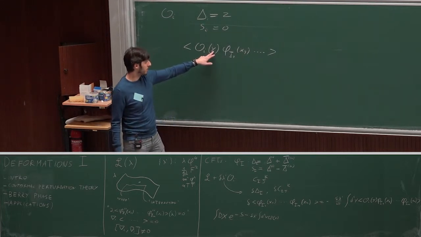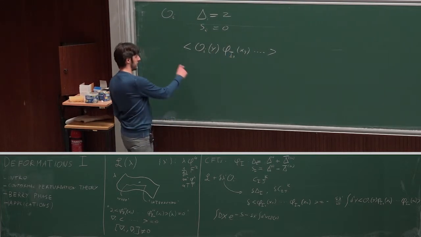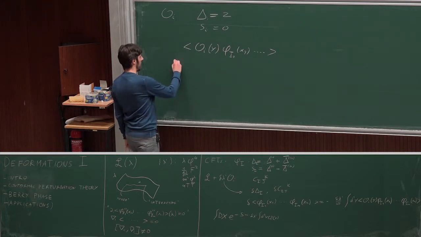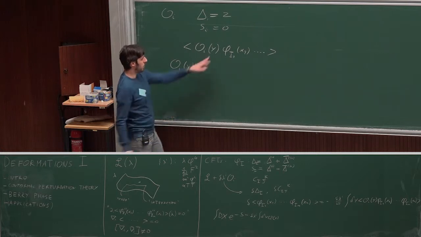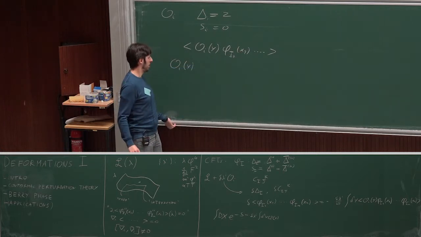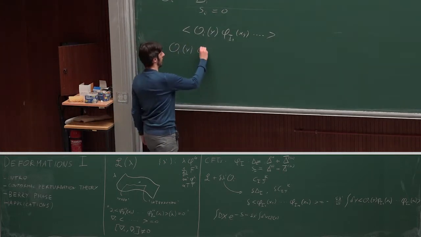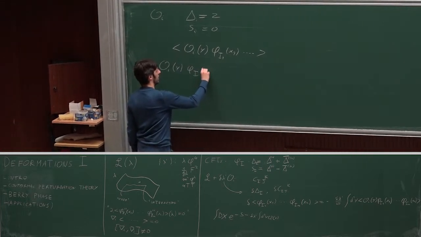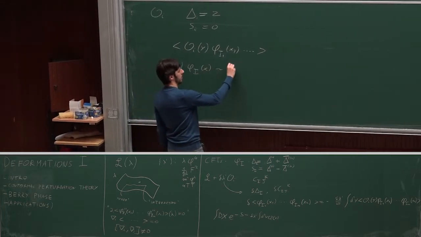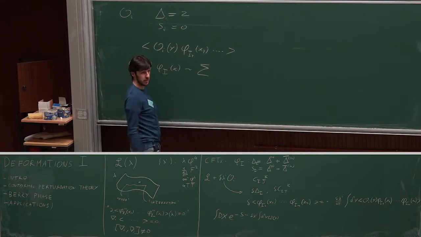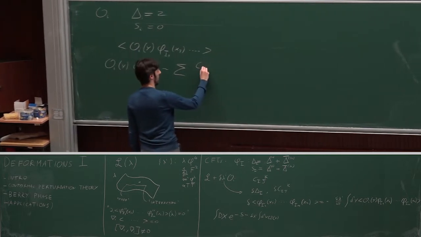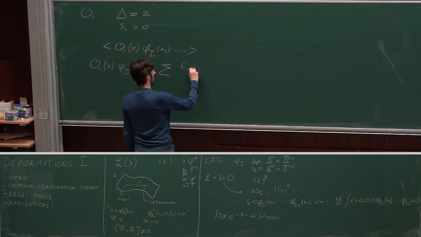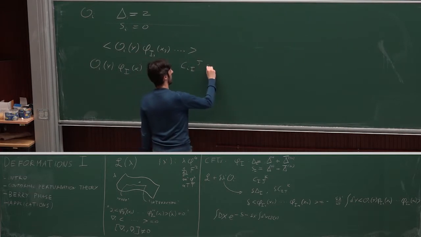And I have to worry what happens when y approaches, say, x1. So in this case, I can use an OPE, say that y is very close to x. And you know, when the two are very close, you can just expand this in an OPE. And so this would be a sum over all operators of the theory.